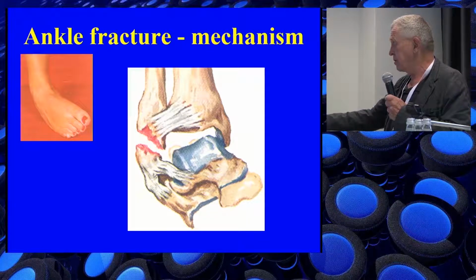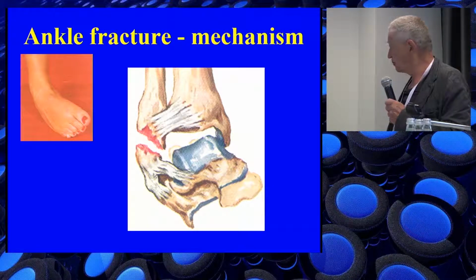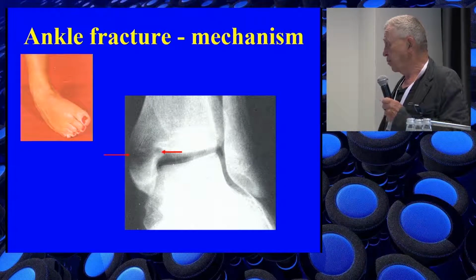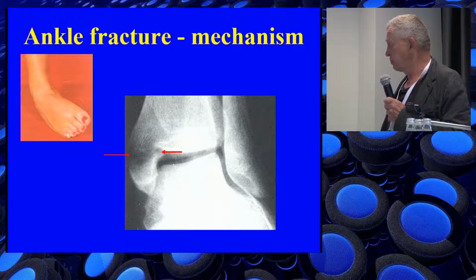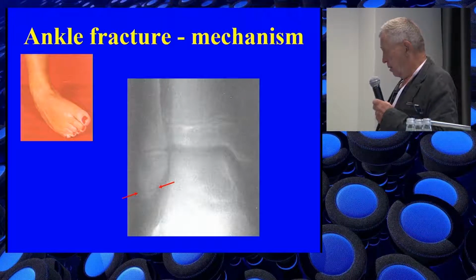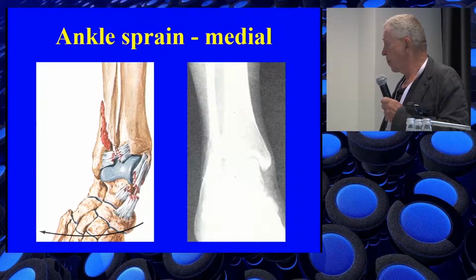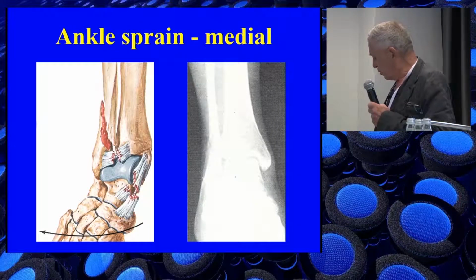So the ligaments are intact, and the bone fractures instead. This is what you can see here on this picture. And here, small fracture lines. And this is what happens on the medial side.